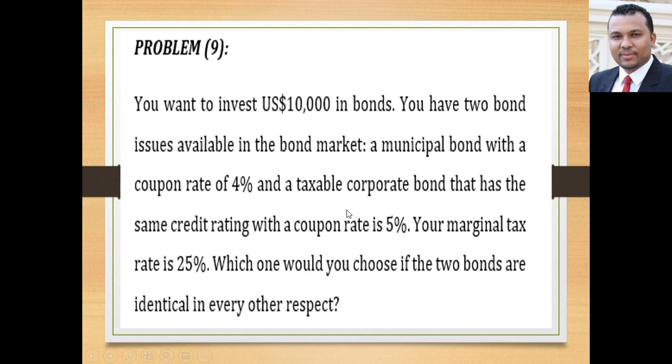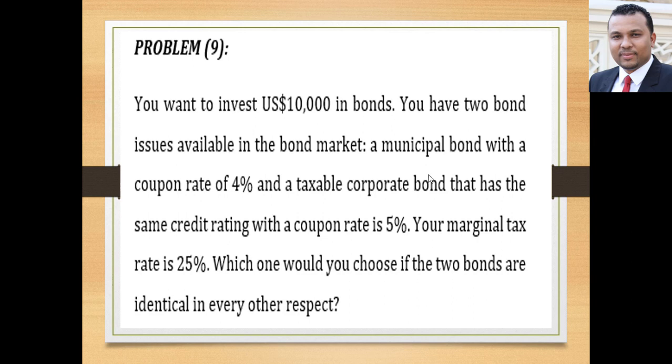So when we compare the coupon rate of the municipal bond, 4%, and the coupon rate of the corporate bond, 5%, take care about the marginal tax rate. The marginal tax rate equals 25%. In the case of the municipal bond, no problem, because this bond is tax-free, no taxes.